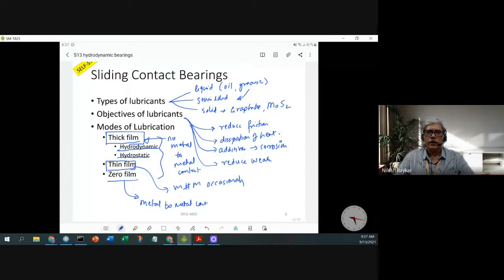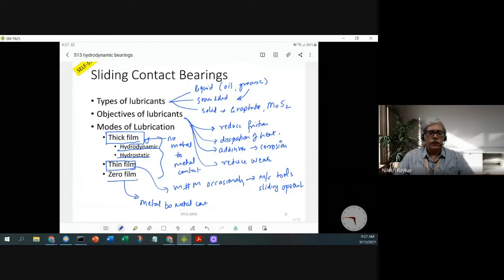The thin film is where you don't require that high load carrying capacity. So typically they are used in machine tools for sliding operations. Wherever you have the tool post moving on the frame of the lathe, that kind of sliding will be an example of thin film sliding.